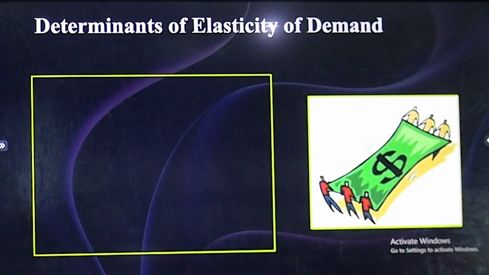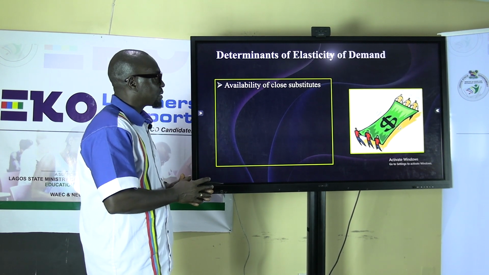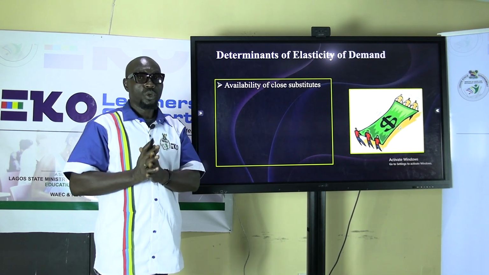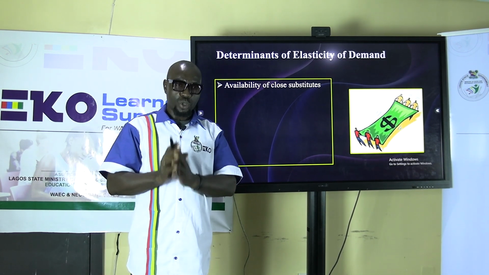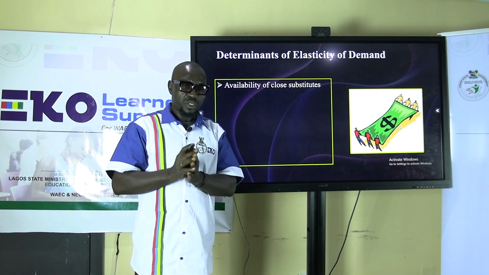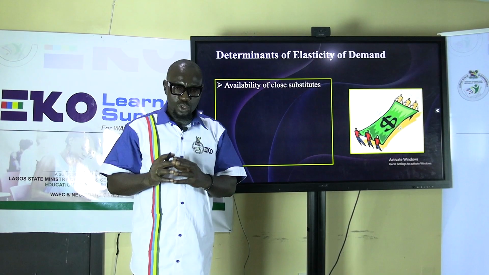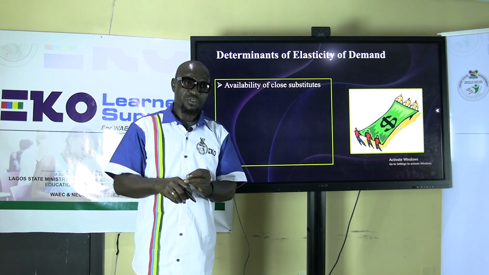Next, we look at the factors that influence elasticity, or what we usually refer to as the determinants of elasticity of demand. Availability of close substitutes will affect the elasticity of demand for a product. What are close substitutes? In economics, we refer to close substitutes as those commodities or goods that can be used in place of a given commodity.